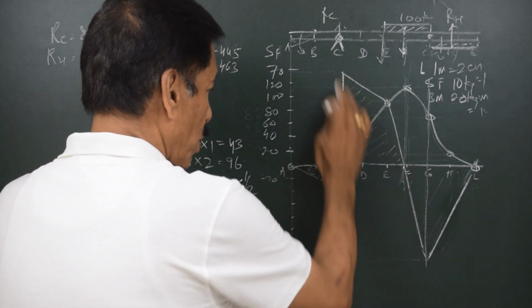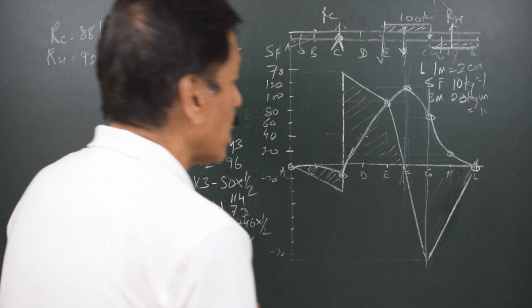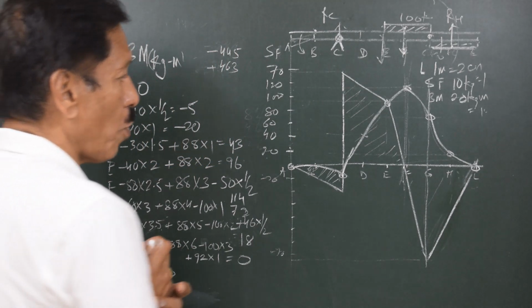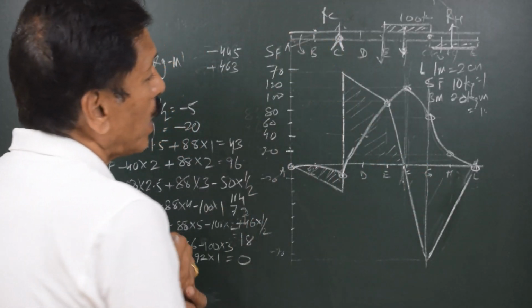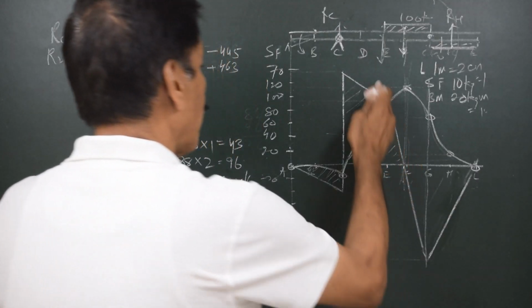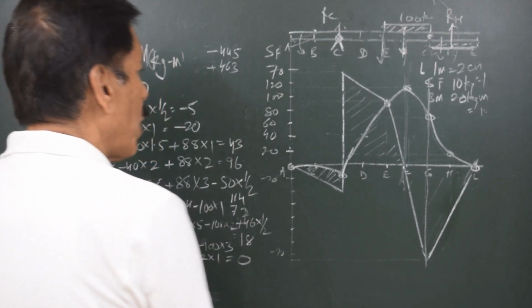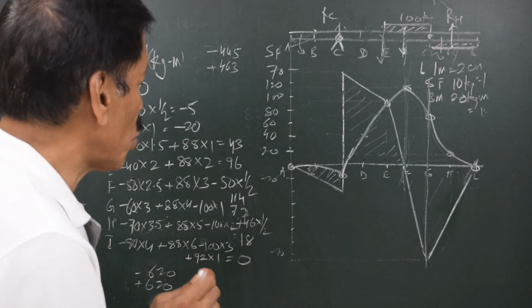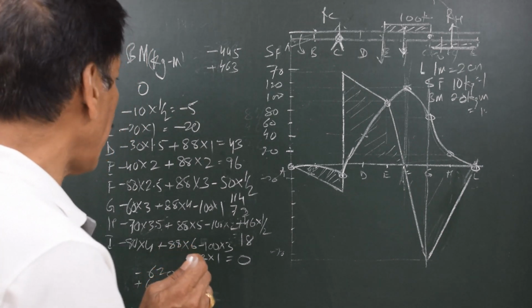That means this area is positive, from there you subtract the negative area, and whatever is the resultant value, that is the bending moment at this point, right? That means the maximum bending moment, which is occurring at the intersection of the SF curve and the x-axis, the value, whatever it is, I have shown here in kilogram meter, right?